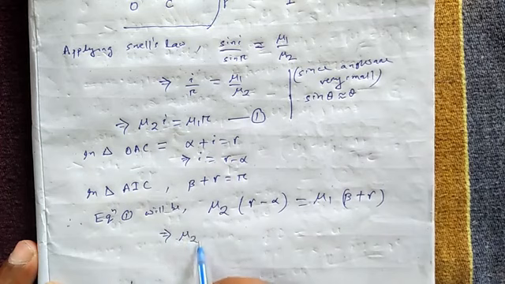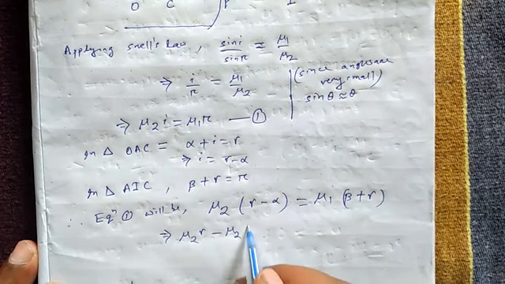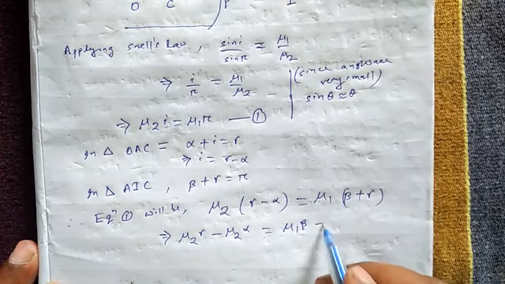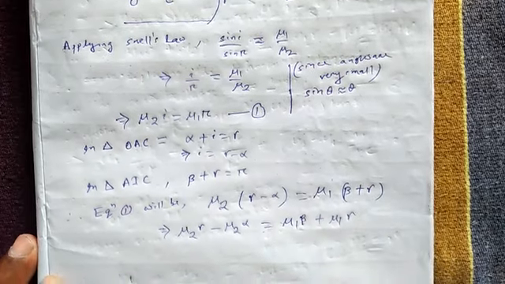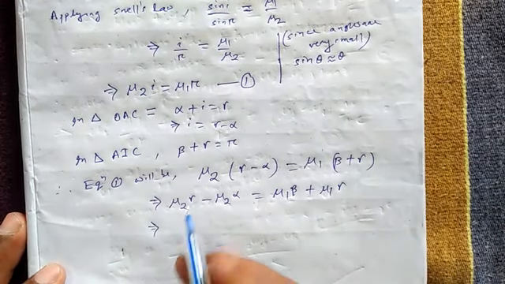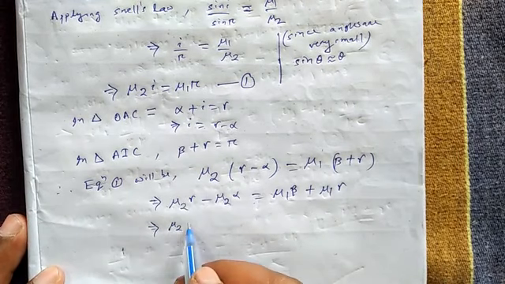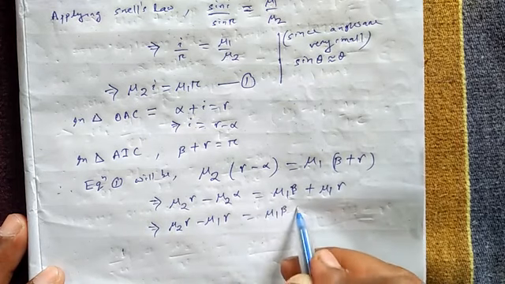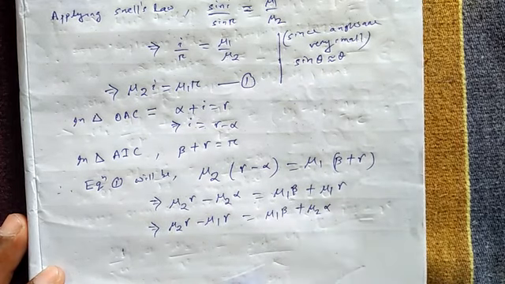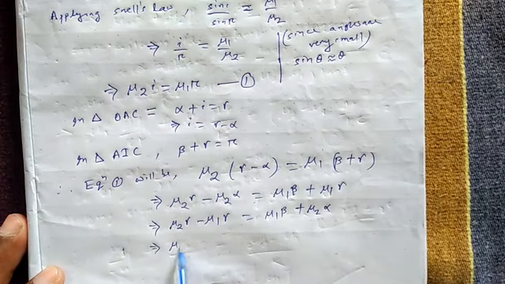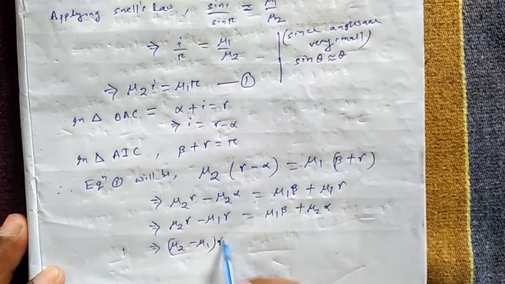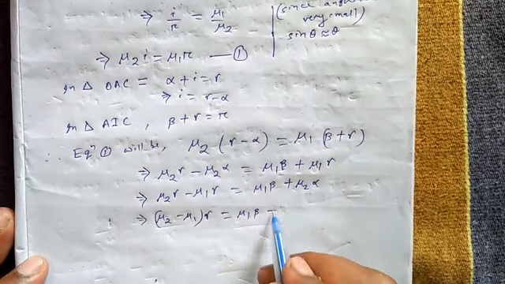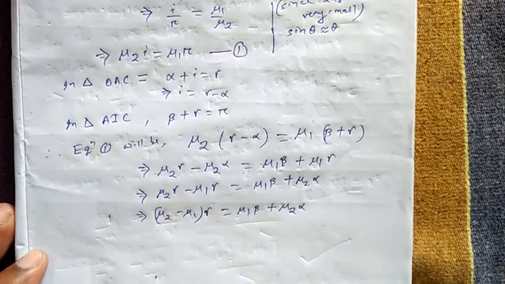Implies mu2 gamma minus mu2 alpha is equal to mu1 beta plus mu1 gamma. Implies mu2 gamma minus mu1 gamma is equal to mu1 beta plus mu2 alpha. Mu2 minus mu1 into gamma is equal to mu1 beta plus mu2 alpha.